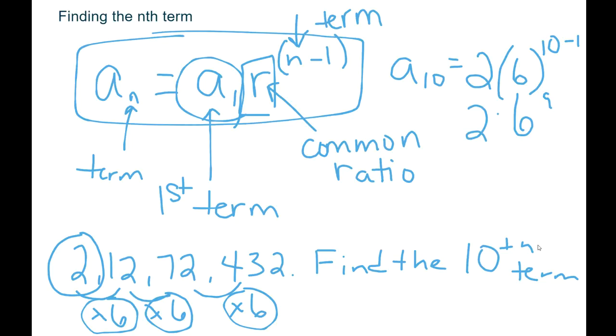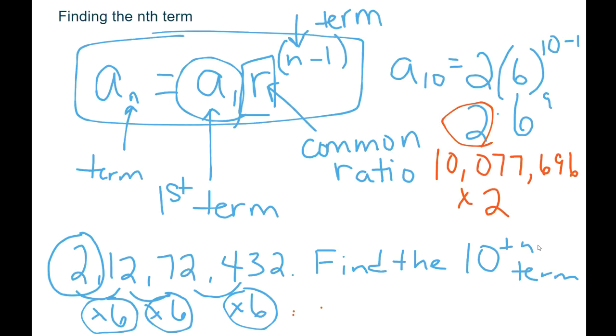When I take 6 to the 9th power on my calculator, I get 10,077,696, and then you still have to take that times 2. So when you take that times 2, you get 20,155,392, and that would be your 10th term.